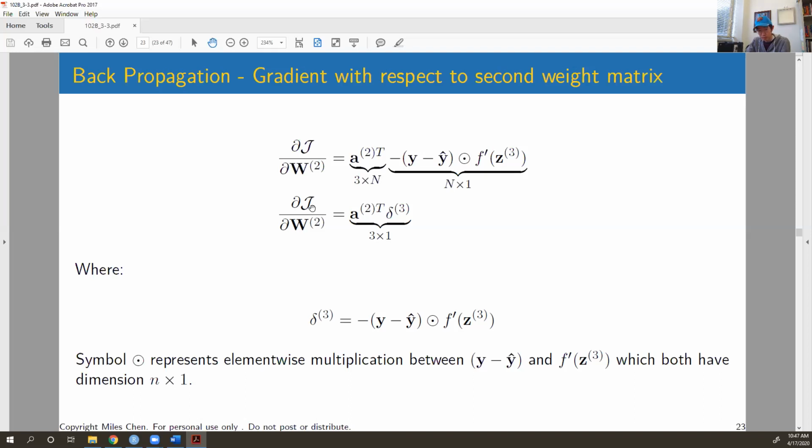Because we want the gradients to have the same dimensions as W2. W2 is a 3 by 1 matrix, so we want the gradient of this to also be a 3 by 1 matrix, and that way I can add on the gradient to the original value here in gradient descent.